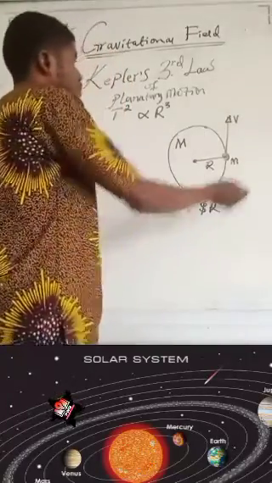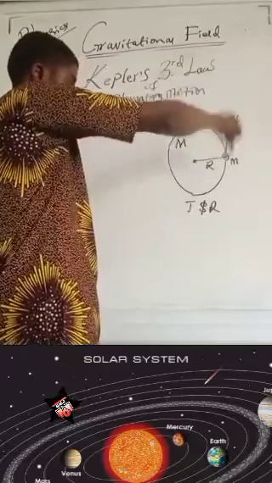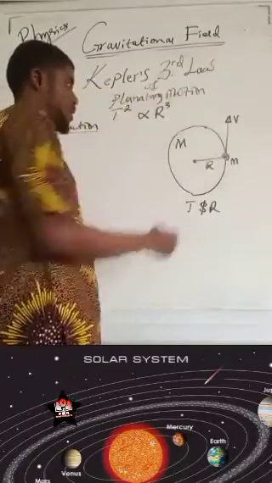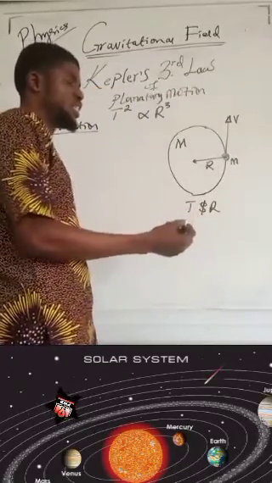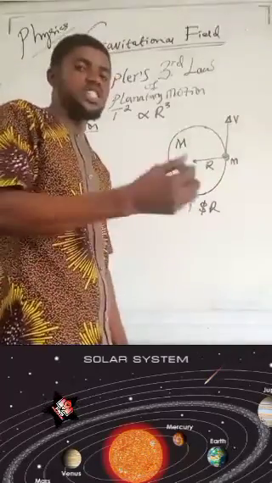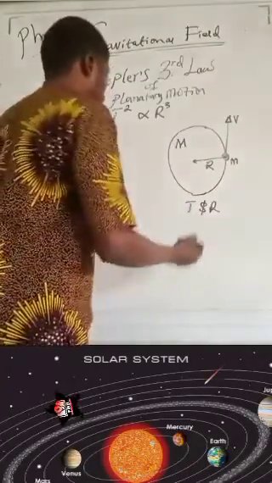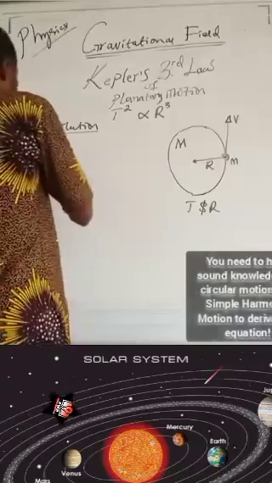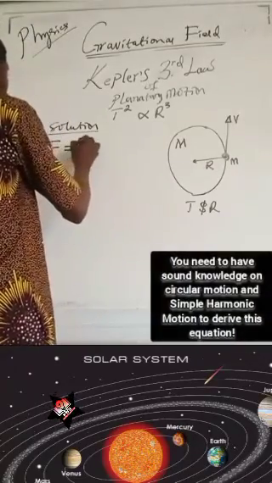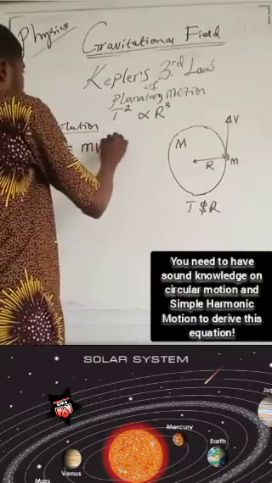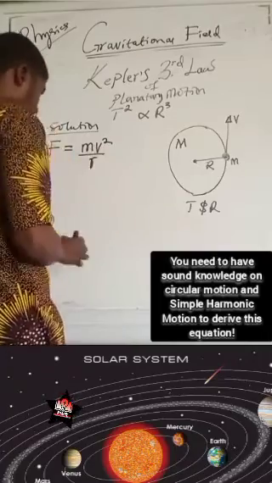When a body is orbiting about a circular path, the body orbits with a centripetal force. And that force is given as F is equal to mv squared all over r.